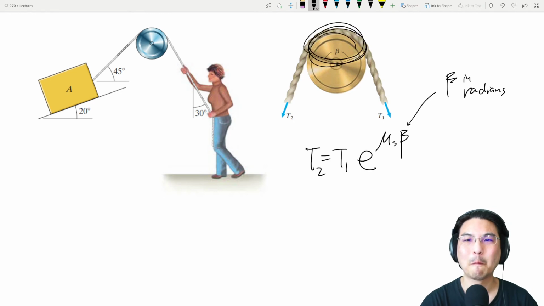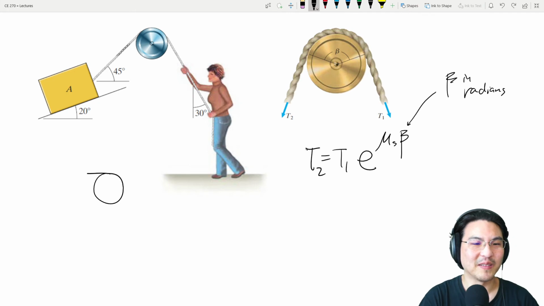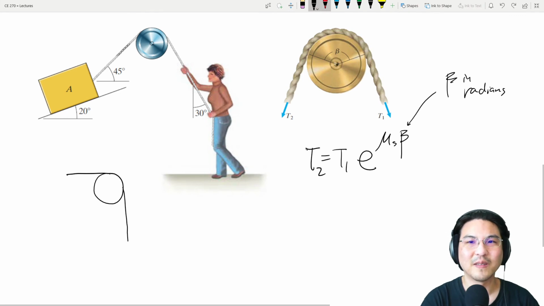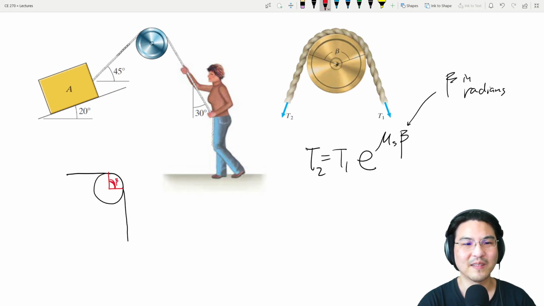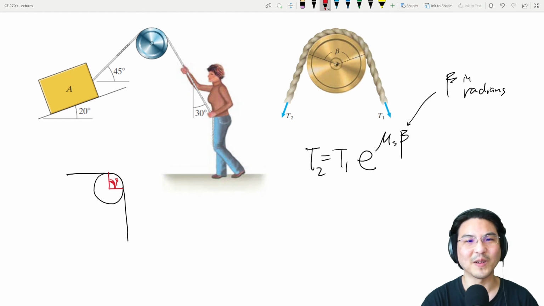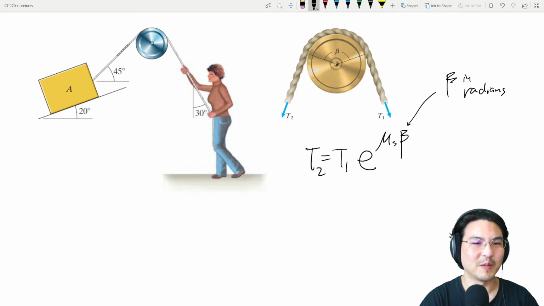Look over here. Let's say you have a pulley that is just like this. This is horizontal, this is vertical. The angle here is like this. That's beta, right there. So in this example, that would be 90 degrees, and then you convert to radians, pi over 2 radians. But now, let me draw it a little bigger.